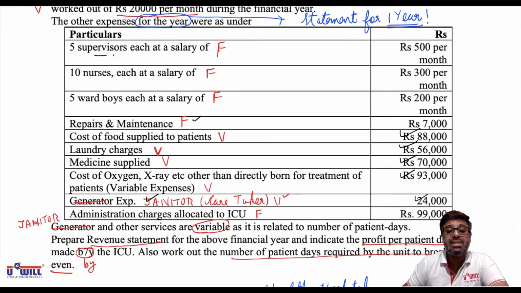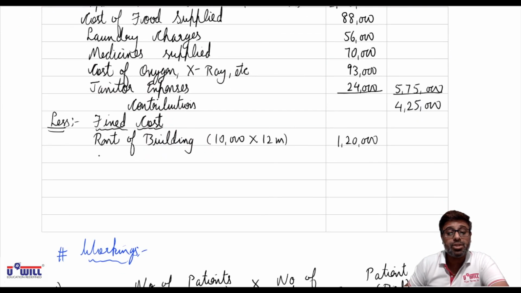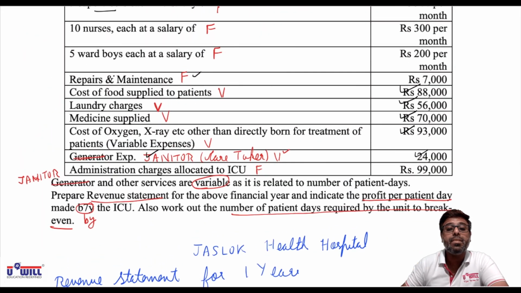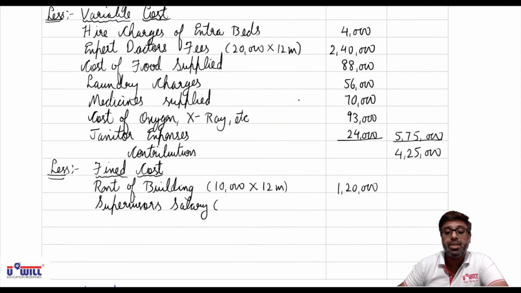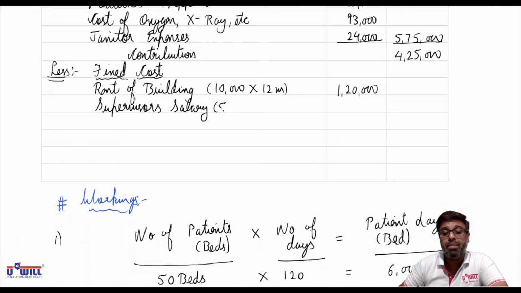Now supervisor's salary. Okay, fixed cost will include supervisor's salary. What is the amount of supervisor's salary? 5 supervisors, 500 per month. So 500 per month into 12 months would be 1 supervisor's salary into 5 supervisors. So 500 into 12, 6,000 into 5 supervisors, 30,000.